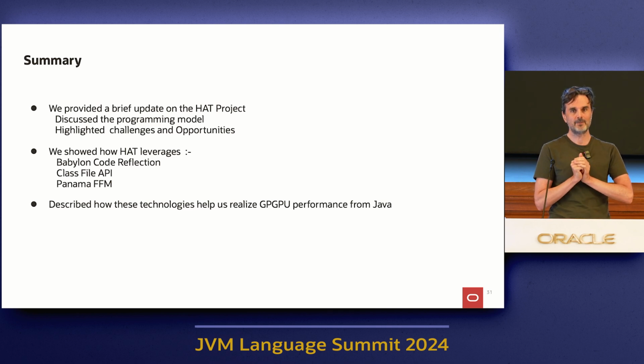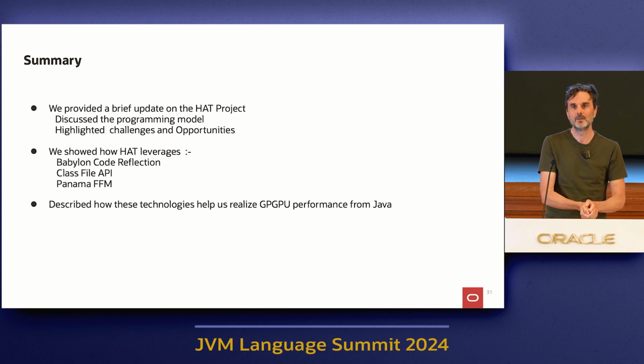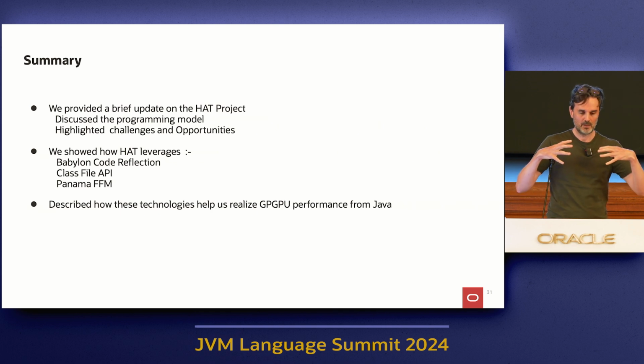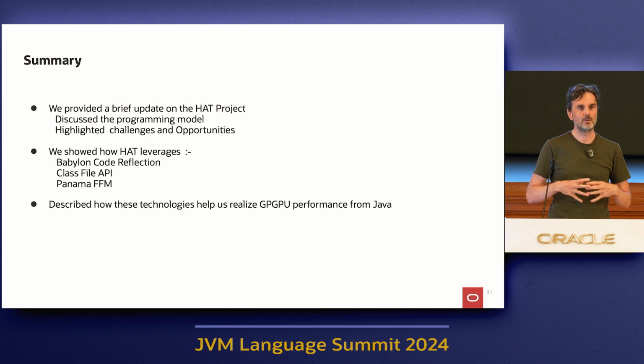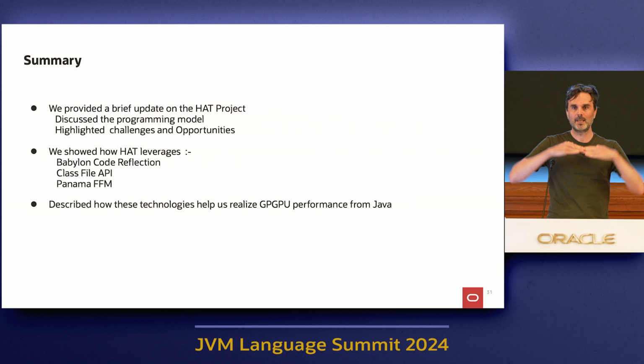An important aspect of HAT is providing feedback to Babylon to make it fit for purpose. So we're learning what is missing from the APIs, so we can get that feedback loop going as well. Not only to prove we can build a very solid and powerful library in Java that does GPUs, but at the same time to improve the technology that we are using to enable that to happen.